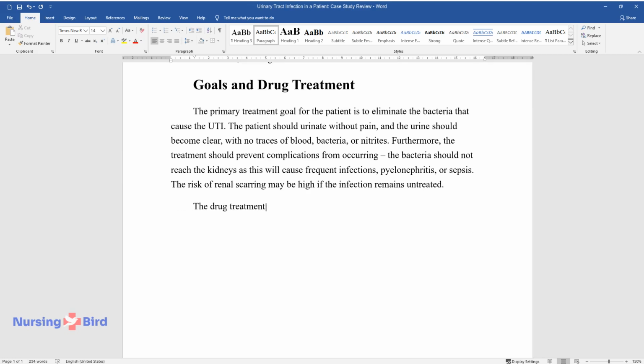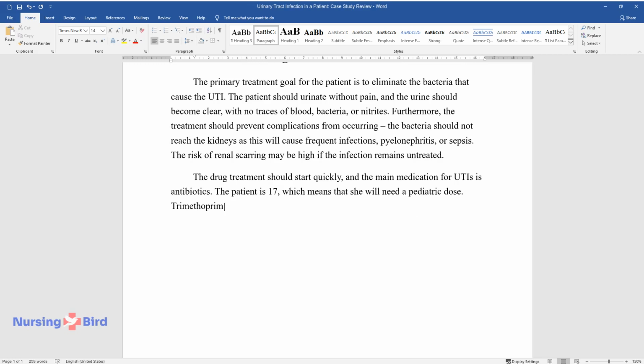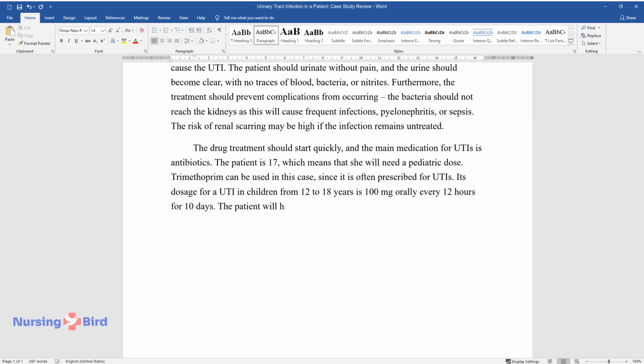The drug treatment should start quickly, and the main medication for UTIs is antibiotics. The patient is 17, which means that she will need a pediatric dose. Trimethoprim can be used in this case, since it is often prescribed for UTIs. Its dosage for a UTI in children from 12 to 18 years is 100 mg orally every 12 hours for 10 days.